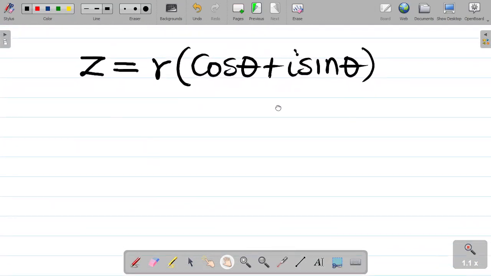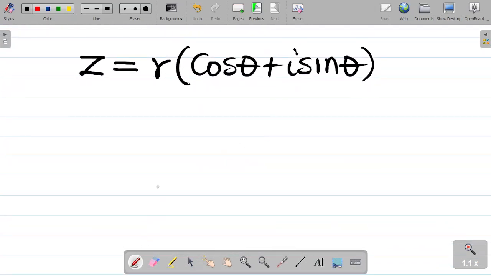But before then, here's your formula to calculate the nth root of a complex number, okay?